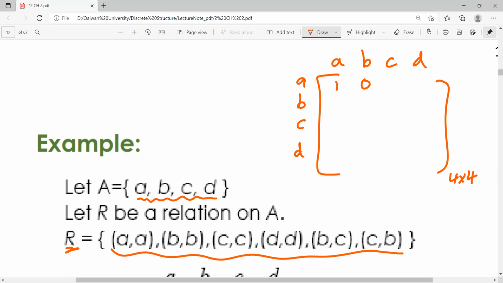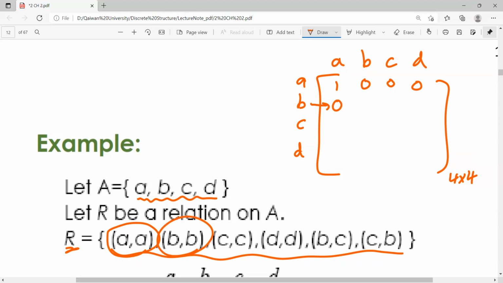For AC, we have no AC also. We just put 0 for it. How about AD? We have none at all. Then for the second row, we have B and A. Do you have B and A? No, we have no. Up to now, we just have AA. We have no B and A, so we just put 0. How about BB?